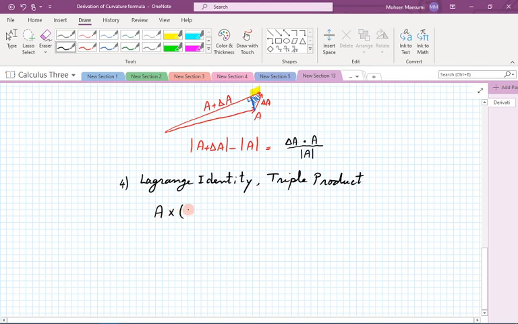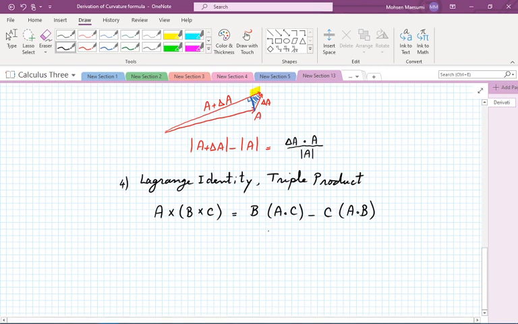If I have A cross B cross C, that is the same as B times A dot C minus C times A dot B. Sometimes this is referred to as the back minus cab formula. It's just a way of memorizing it. This is a formula that you can show by writing all the components and establishing that the two sides are equal. It's going to be a rather lengthy, tedious kind of proof, so I'm going to leave that out of this discussion today. So we might make use of this identity.